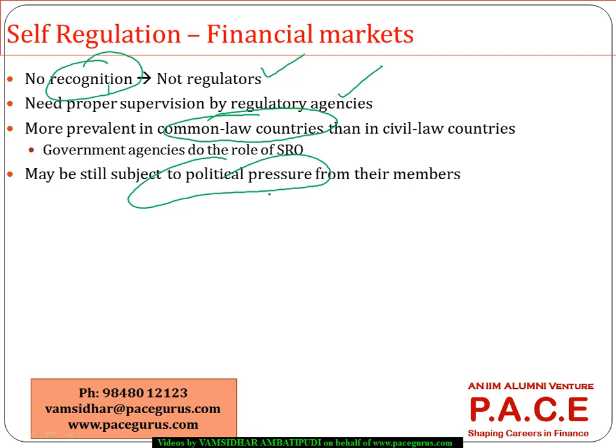But in countries where civil law is dominating, it's very difficult to find self-regulatory organizations, and in those countries the government agencies themselves are performing the role of self-regulatory organizations. So that is one more aspect of regulations with respect to the financial markets.